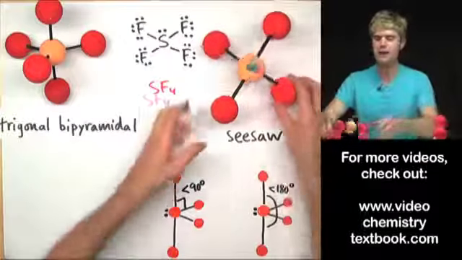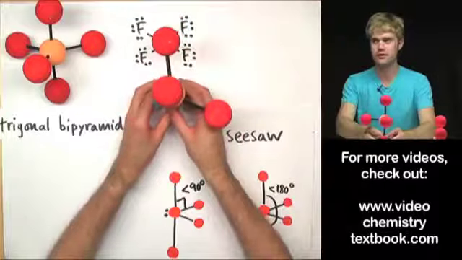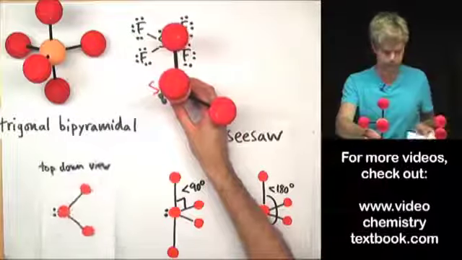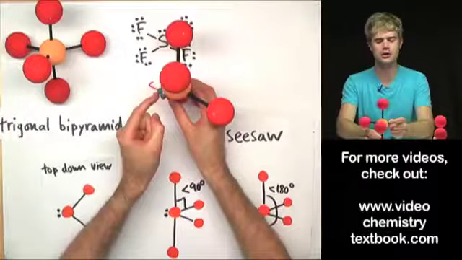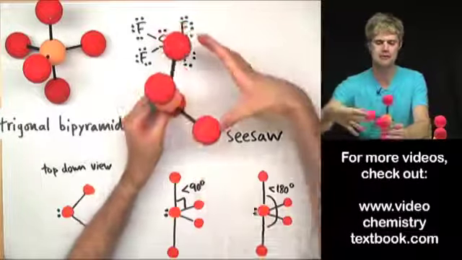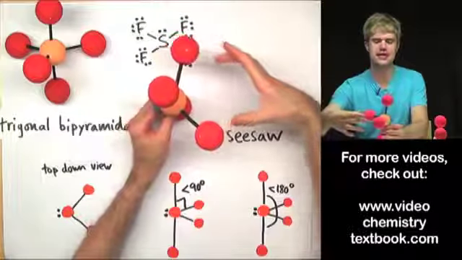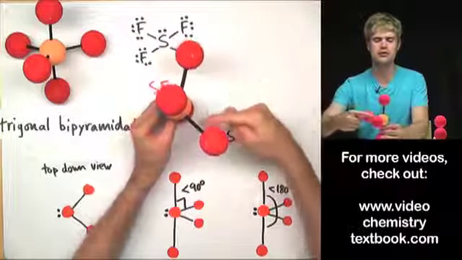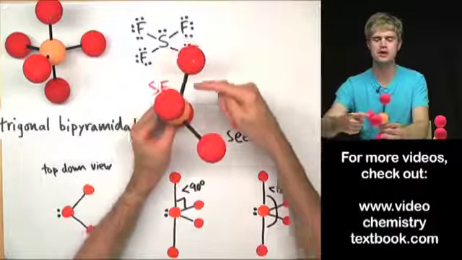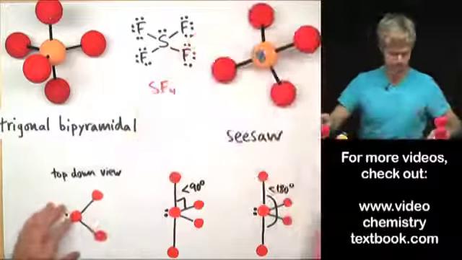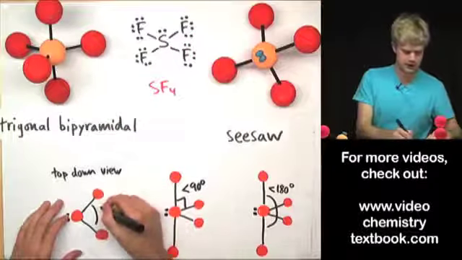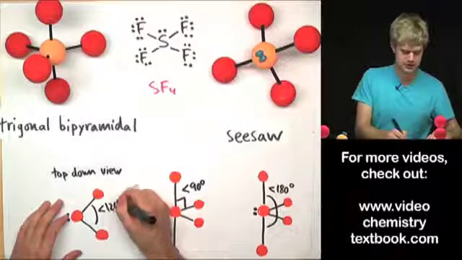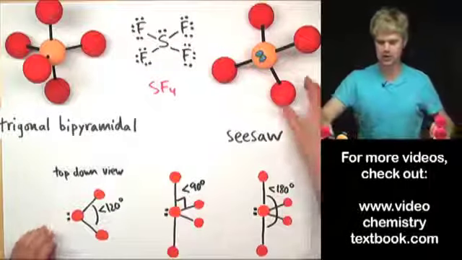Okay. Now, let's think about the top-down view here. Once again, because we have these unshared electron pairs pushing on these atoms, it's going to be pushing these in like this, okay? So instead of exactly 120 degrees between these 2 equatorial atoms, the angle between these 2 is going to be less than 120 degrees.